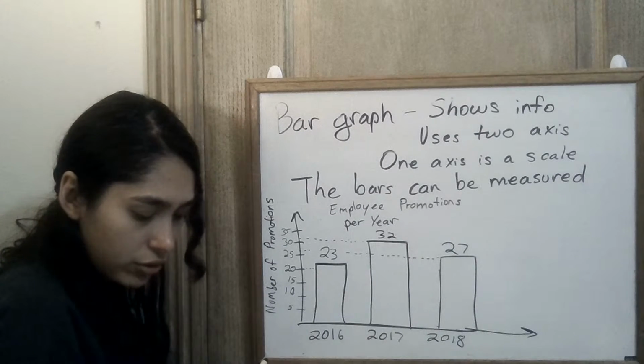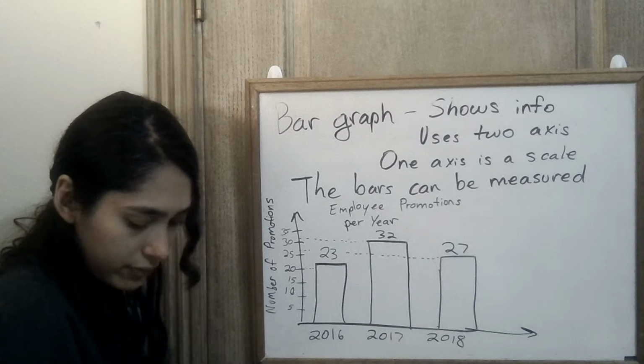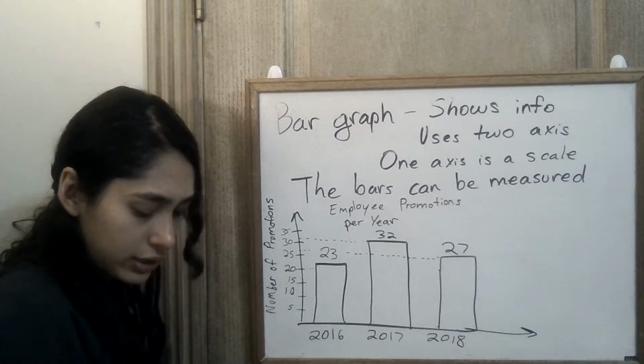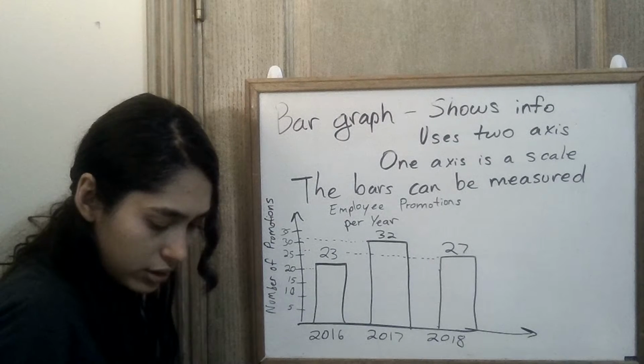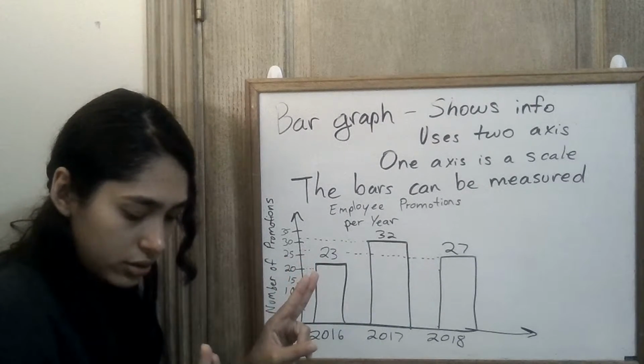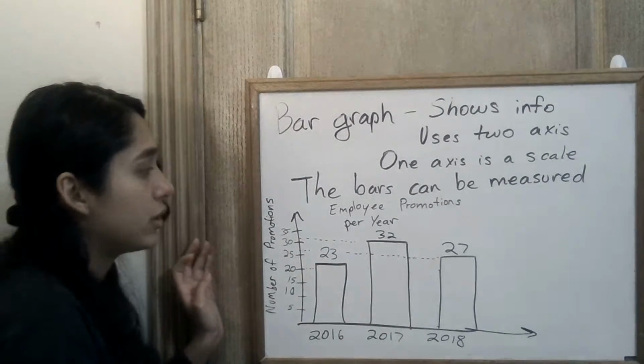Something else I want to show is something called a double bar graph. With a double bar graph, you're actually going to see 2 different types of data together. And let me go ahead and use a different example.